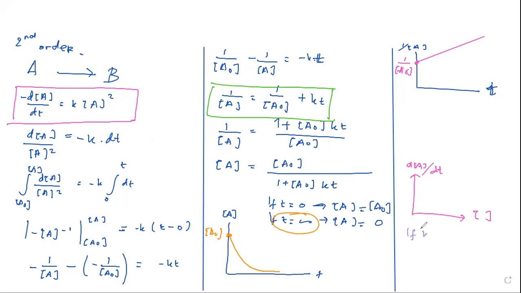So if k equals 1 and the concentration of A equals 1 as well, dA over dt will be 1 times 1 squared, right? This is 1. Okay, so let's plot here. If A is 1, this should be 1, like this.